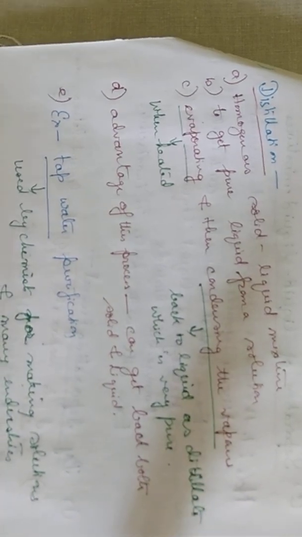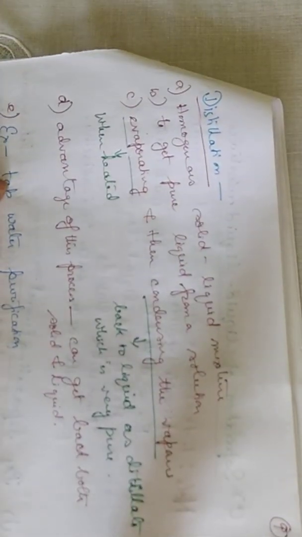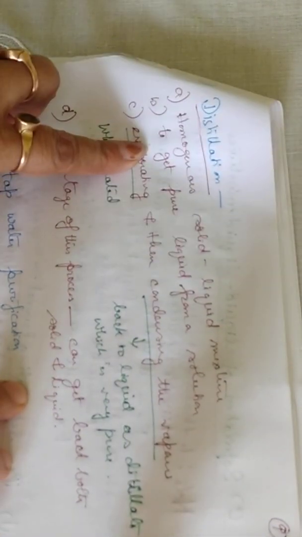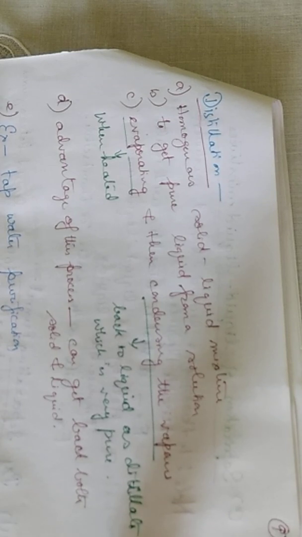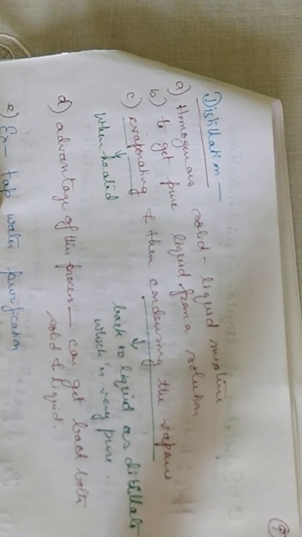Now distillation, for a homogeneous solid-liquid mixture. Here we get a pure form of liquid from the solution. Here evaporation is done by heating, and then condensation of the vapor is done. That is, the vapor is condensed back to form liquid, which is known as distillate, and it is collected into another container, which is a pure form of the liquid.